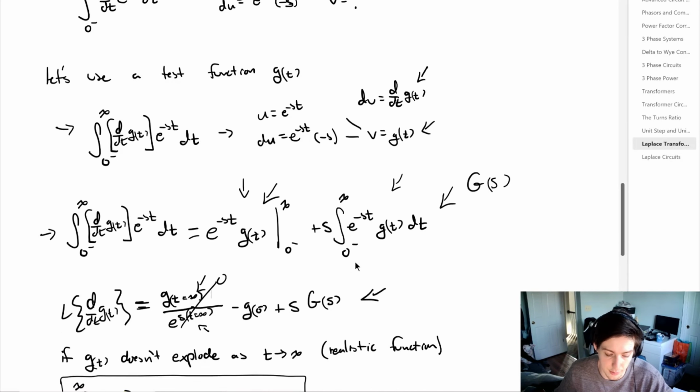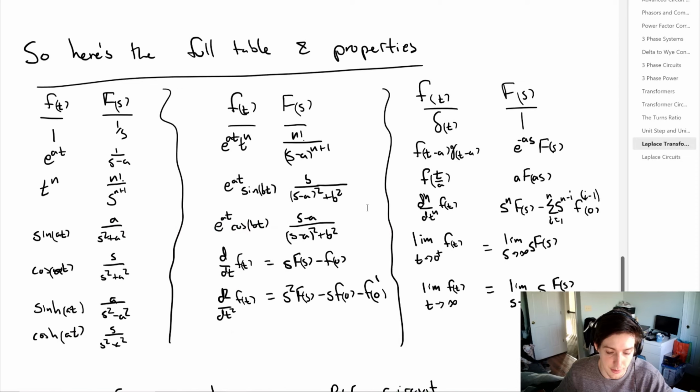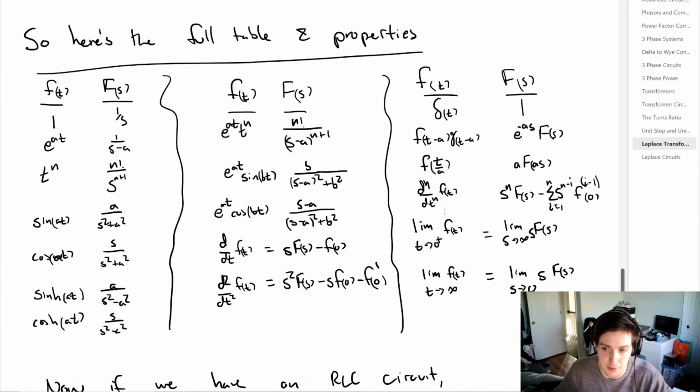And if that's the case, we can say that the Laplace transform of a derivative of some function is equal to s times the Laplace transform of that function minus g at 0, or 0 from the left, in the time domain. So here's most of the Laplace transforms and properties that we are going to deal with.